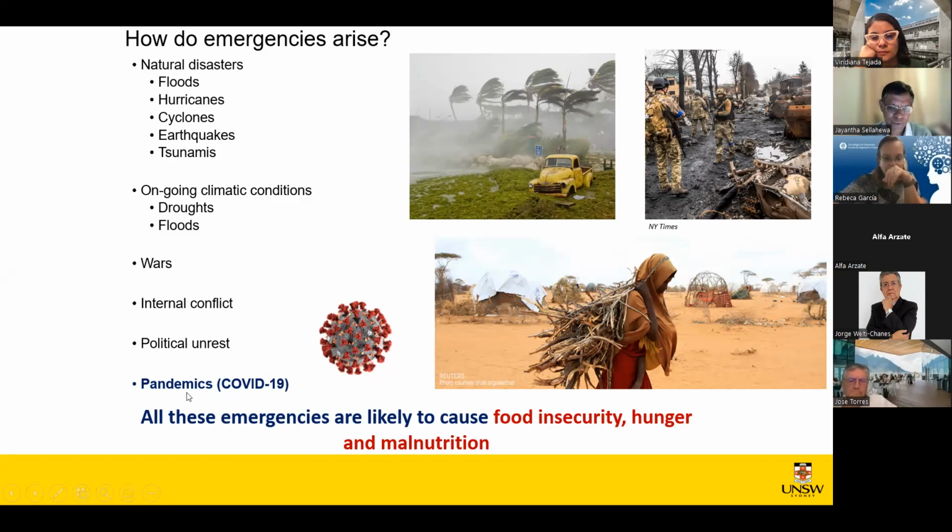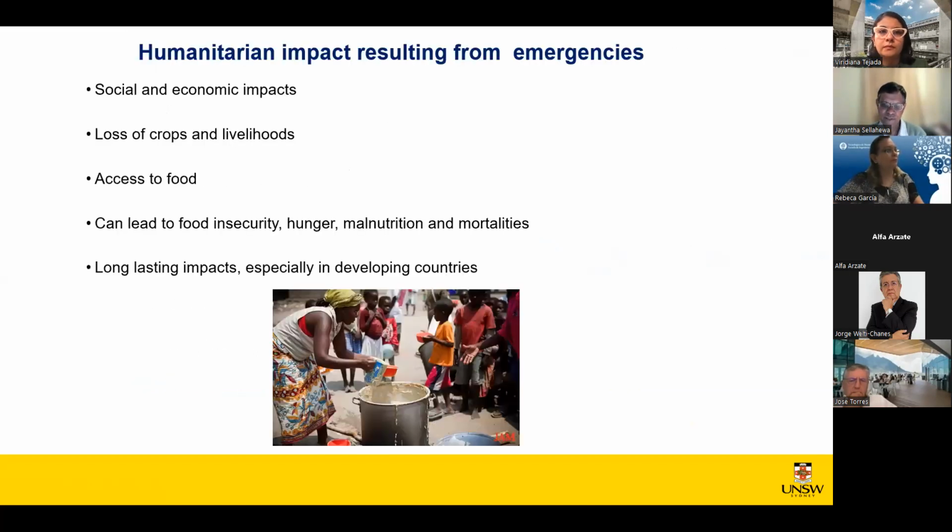And of course, two years ago, we had the COVID pandemic, which is still going on, and that also had a huge impact on many people. Now, whenever these external shocks occur, there's an emergency. This can lead to food insecurity, hunger, and malnutrition, with social and economic impacts.